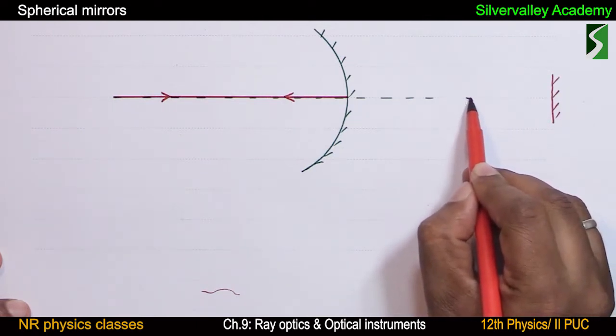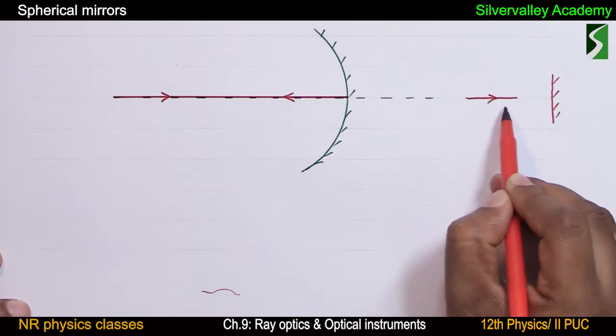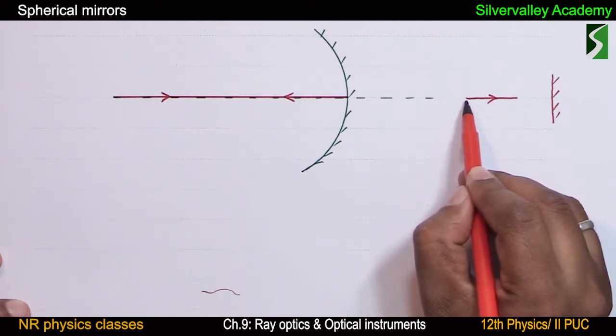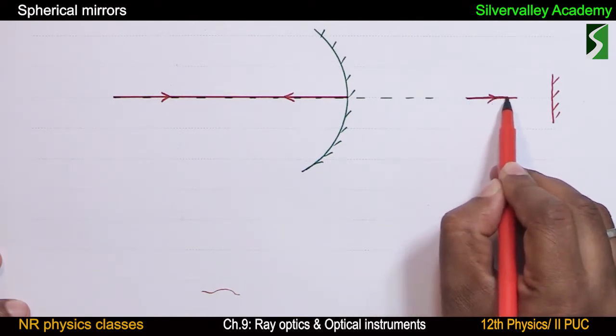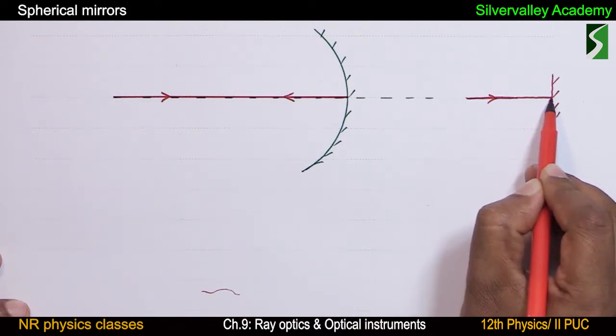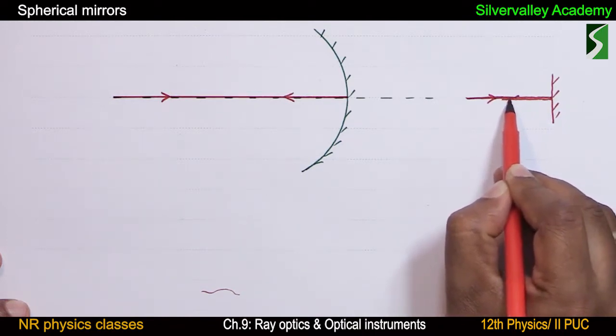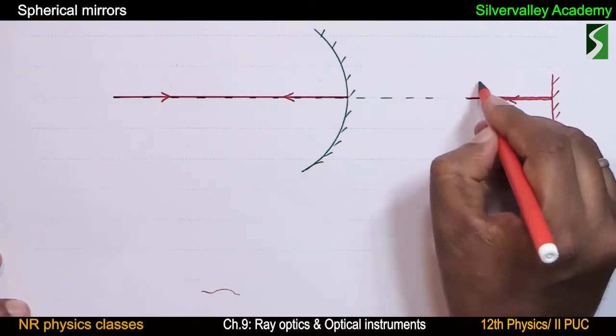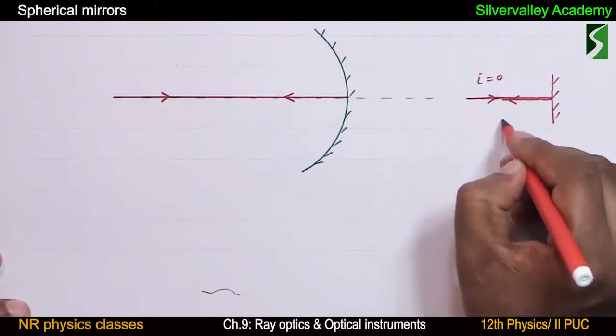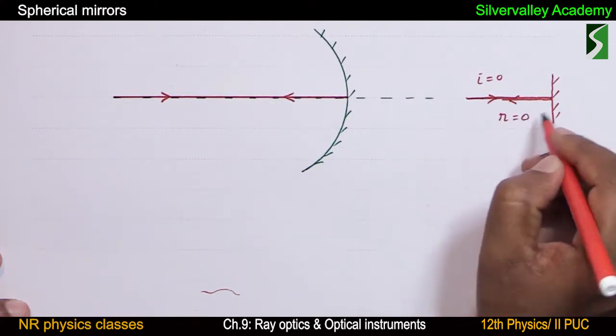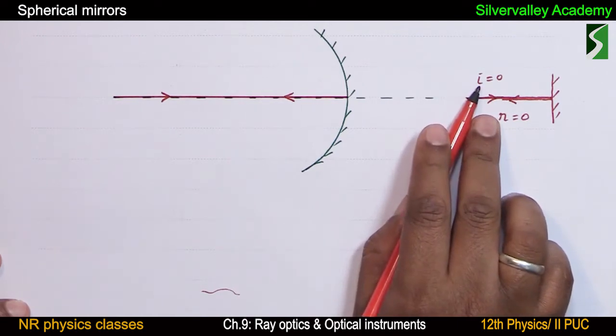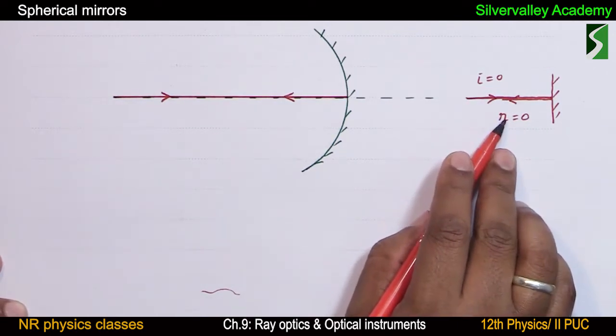This is the incident ray. For normal incidence, the incident ray falls on the mirror and travels back in the same direction, isn't it? Because here the angle of incidence is 0 and the angle of reflection is also 0. So this satisfies that i equal to r.